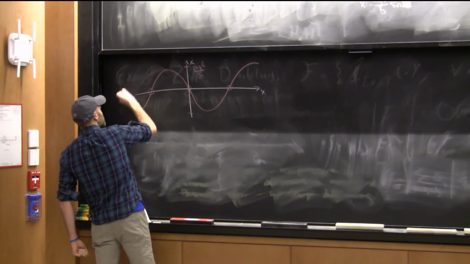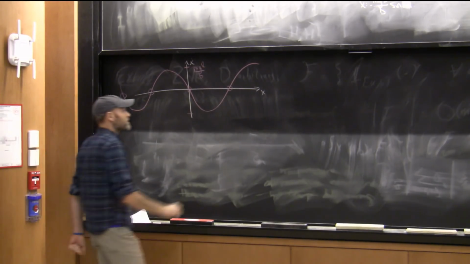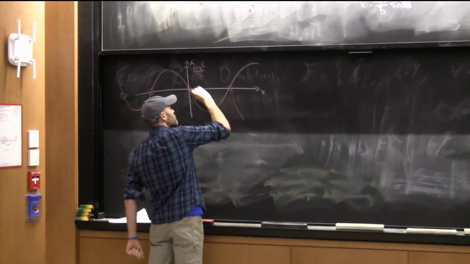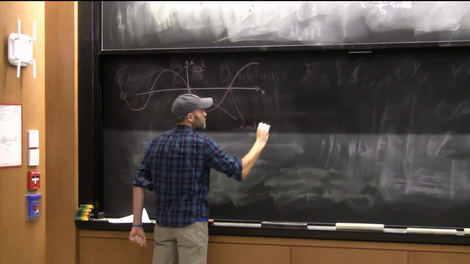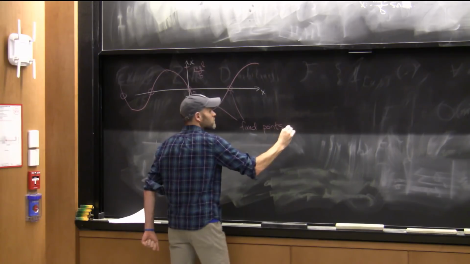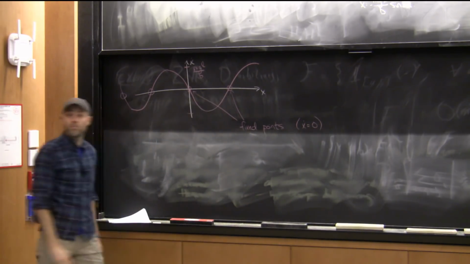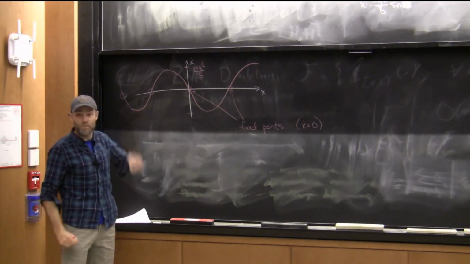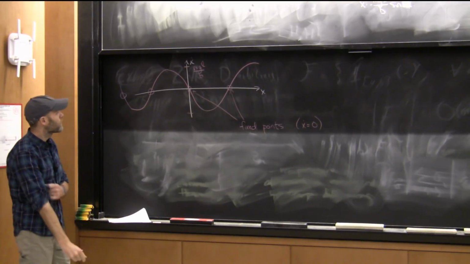Well, periodic points, but okay. So these are the fixed points of the system. If the system is at one of those points, it'll stay there forever. It's a fixed point of the dynamics.